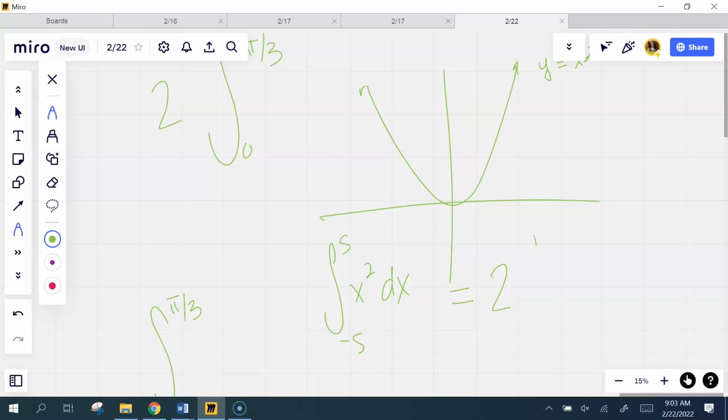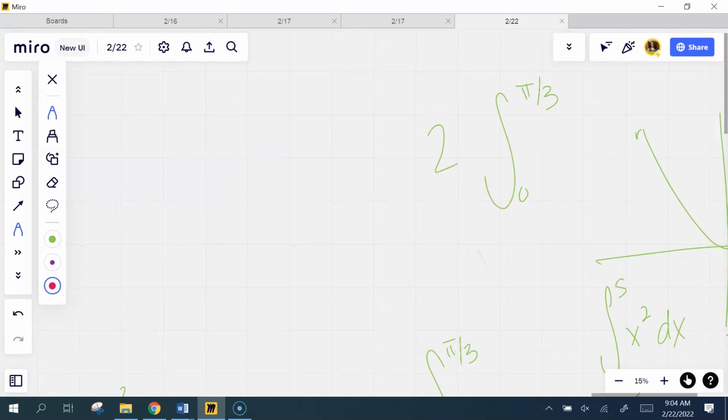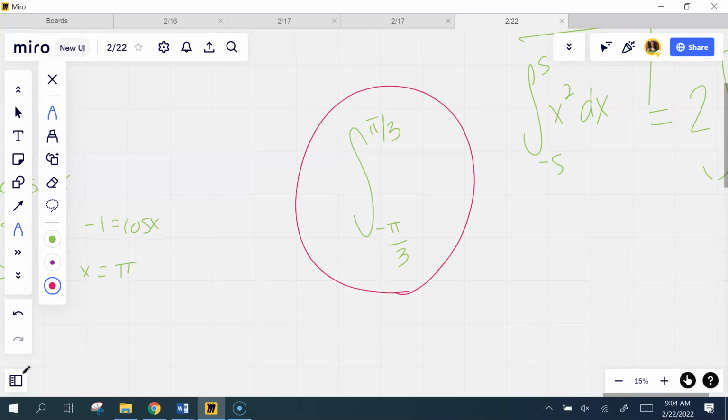I could say, let's just take half of that area from 0 to 5 and double it, because it's the same on either side. It's symmetrical. Now, you should get the same answer if you didn't double it. That's just a little time-saving trick. But if you did it this way, you should get the exact same answer.